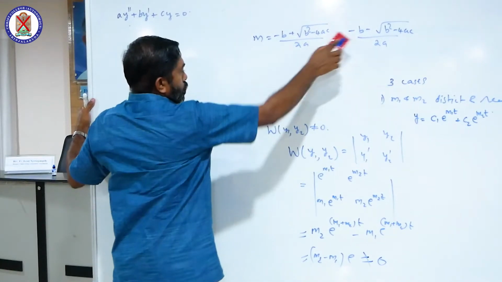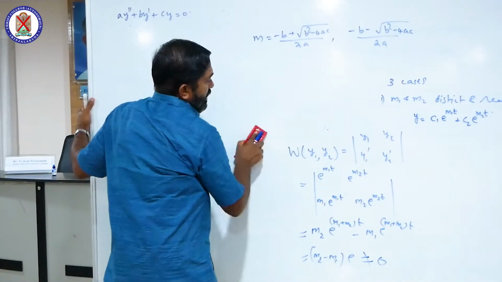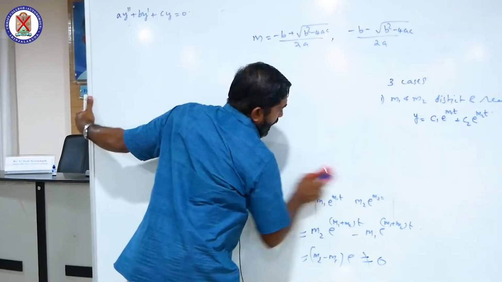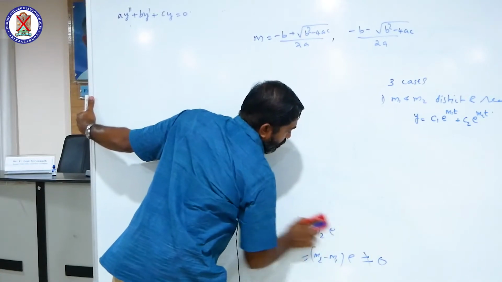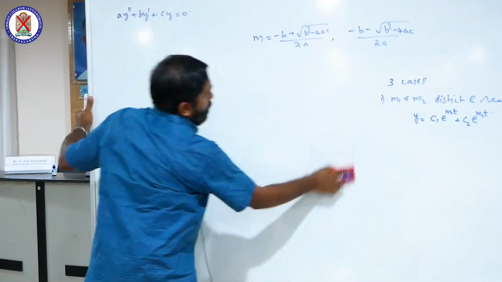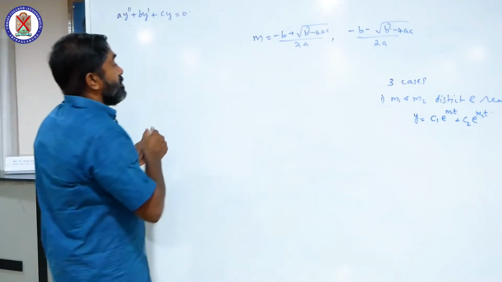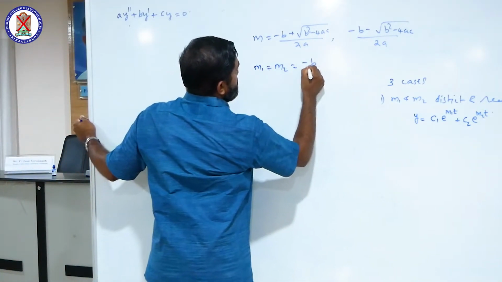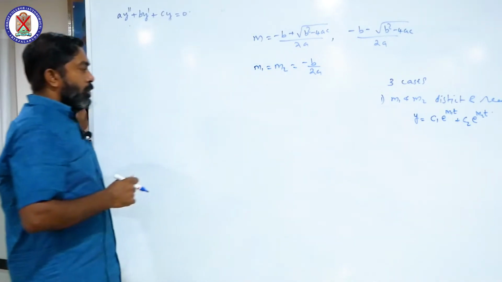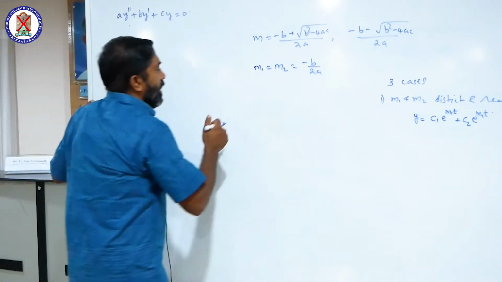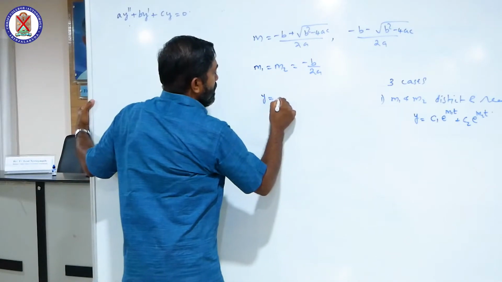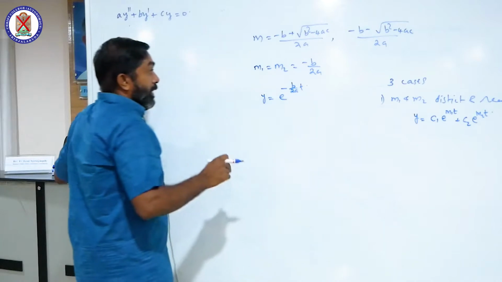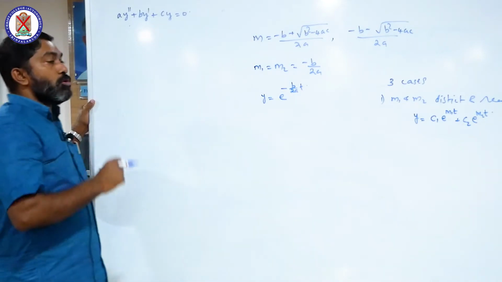If b square minus 4ac equal to 0 in this equation, then both m1 and m2 will have the same value, which is m1 equal to m2 equal to minus b by 2a. So in this case we have only one solution, which is y equals e raised to minus b by 2a into t. To complete the general solution, we need one more solution.